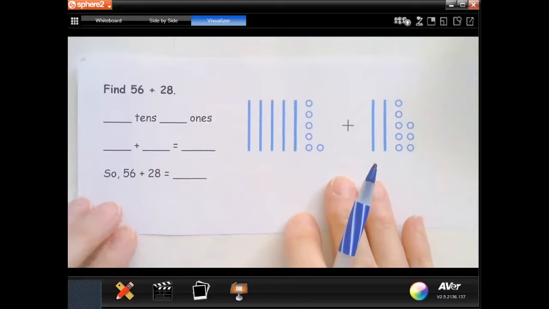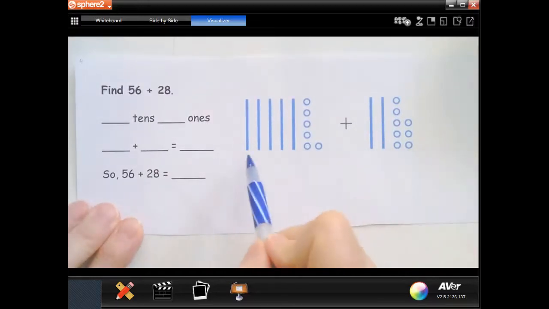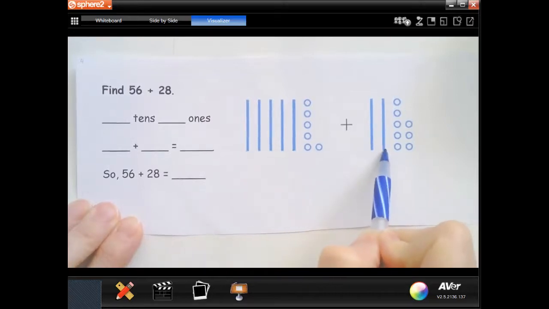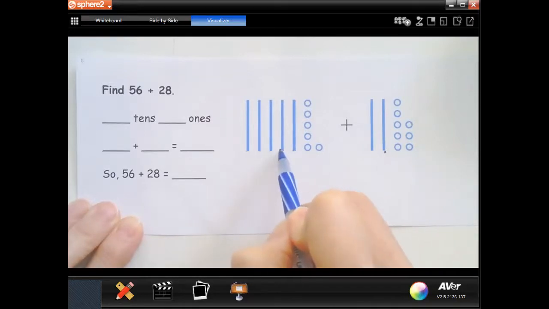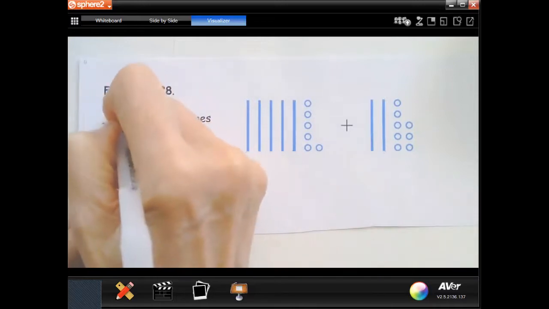This problem says find 56 plus 28. How many tens? Well, 56 has 1, 2, 3, 4, 5. 28 has 2 tens. How many tens altogether? Help me count. 1, 2, 3, 4, 5, 6, 7. So we have 7 tens.